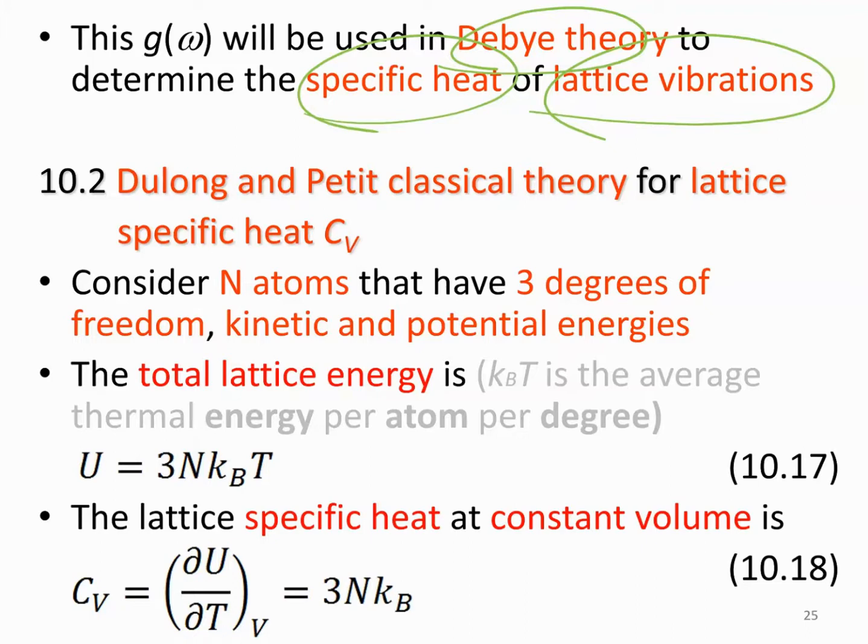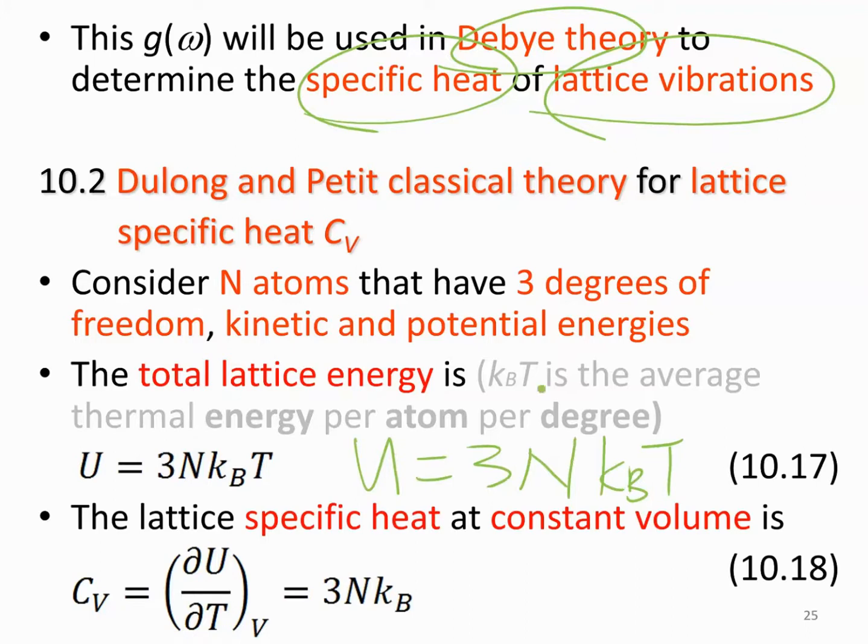They just consider there are N atoms in one solid or system, and each atom has 3 degrees of freedom. It can vibrate in the x, y, and z directions, so they have kinetic and potential energy as well. So the total lattice energy is given as U equals 3N kBT.